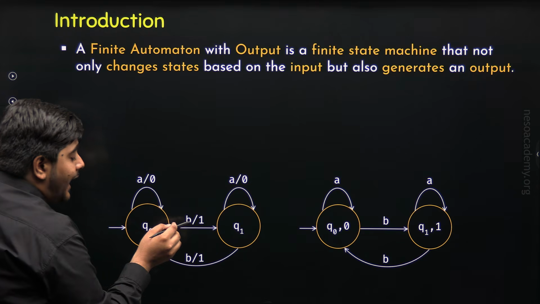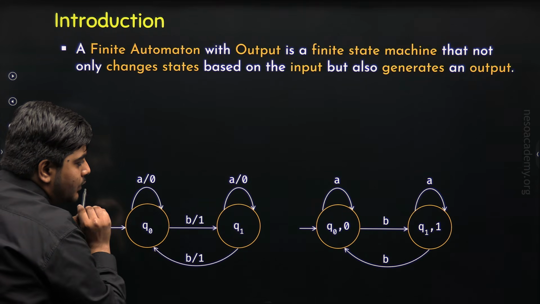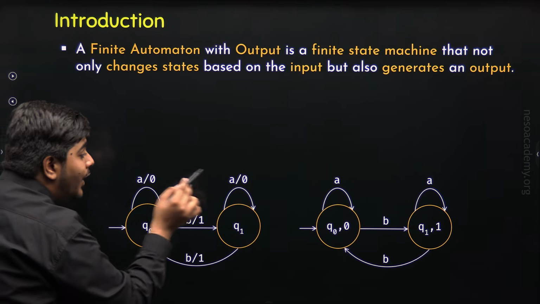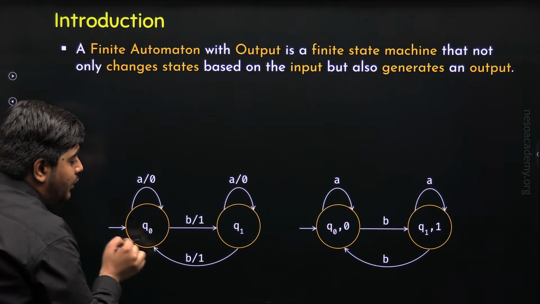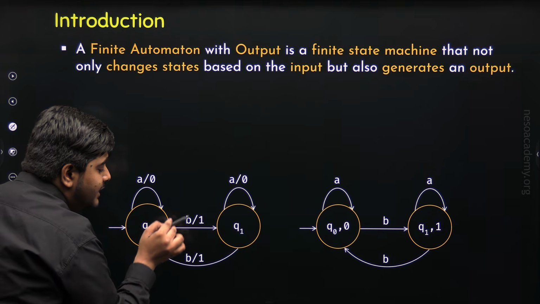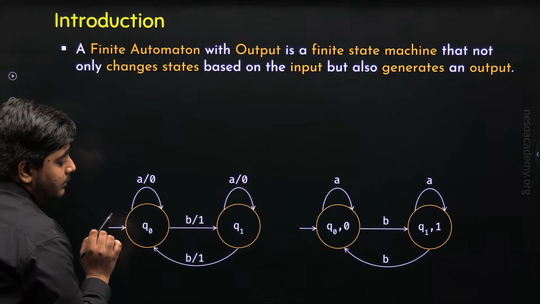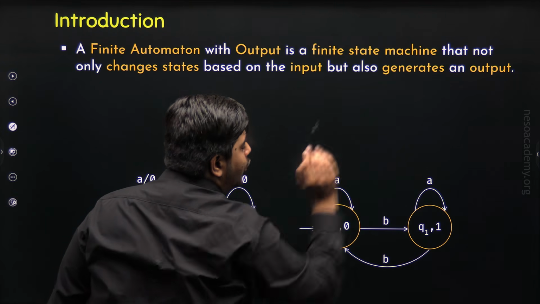But there are some new elements also, like these ones and zeros. A and B are the input symbols, and 0 and 1 are the output symbols. When there is a transition from Q0 to Q1 on input symbol B, it also generates an output symbol which is 1. That's what we mean by it also generates an output.